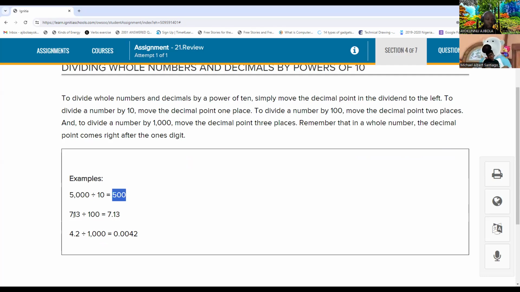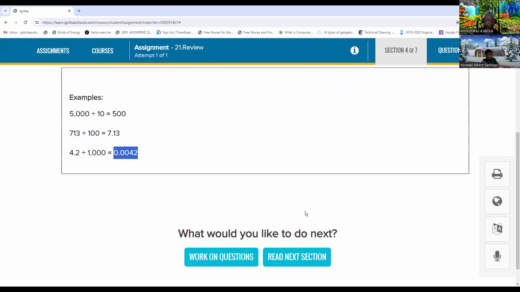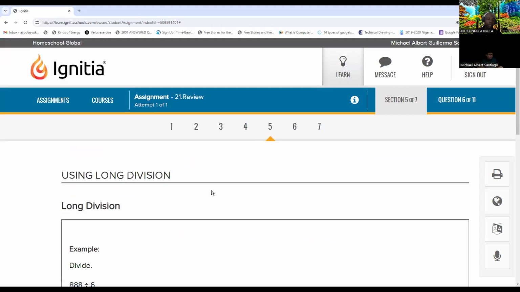Then 713 divided by 100, move it 2 steps to the left. That is 7.13. And 4.2 divided by 1,000, move it 3 steps to the left, from the front of 4 to the back of 4. So 1, 2, 3. That means there are 3 zeros, okay? Good. Let's go to the next section.